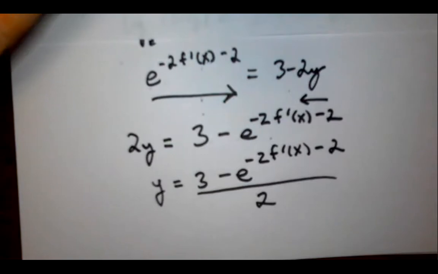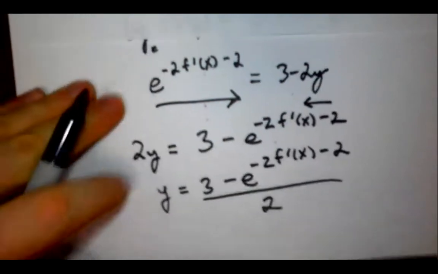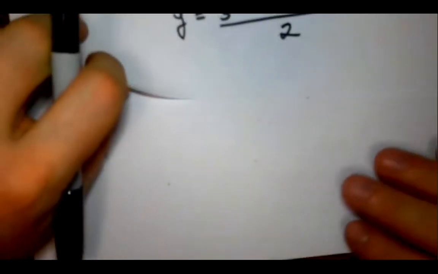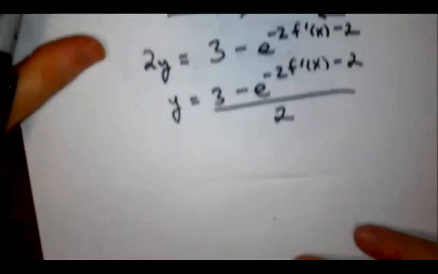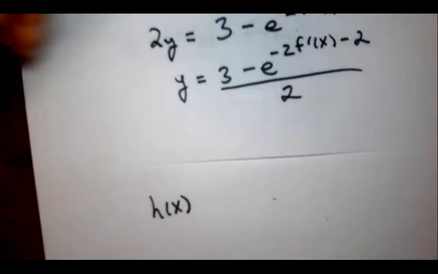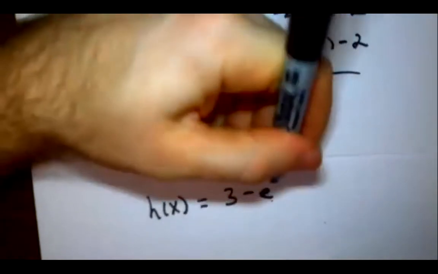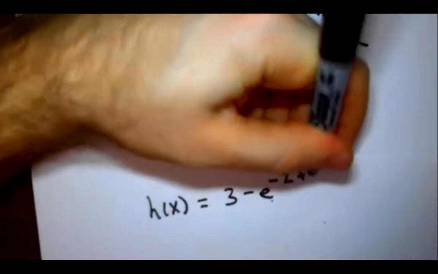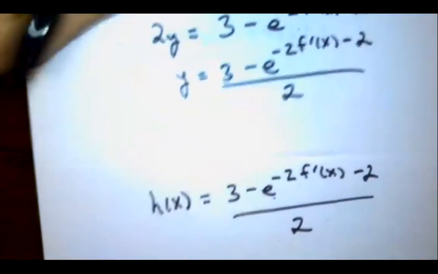All right. Well, they made a statement at the beginning of this problem, and that statement was y is equal to h of x. So my next move here is going to be to rename this: h of x is equal to 3 minus e to the -2 f prime of x minus 2, divided by 2.